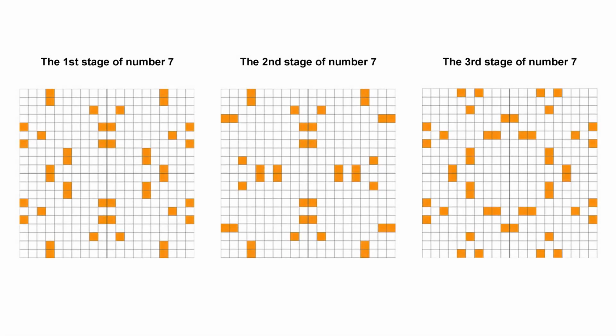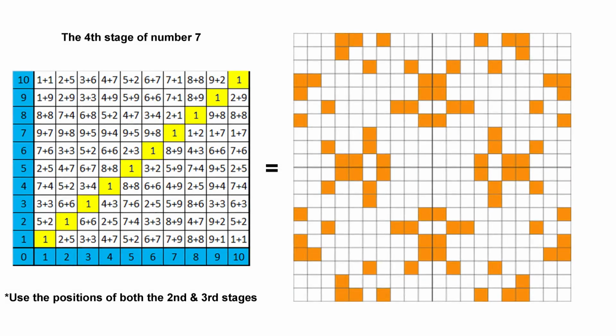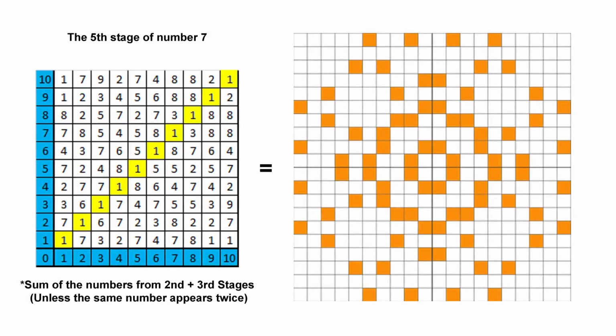Here we can appreciate the first 3 patterns side by side. To see the fourth pattern, we use the positions of the second and the third stage together. To see the fifth pattern, we add the results of the second and the third stage together.